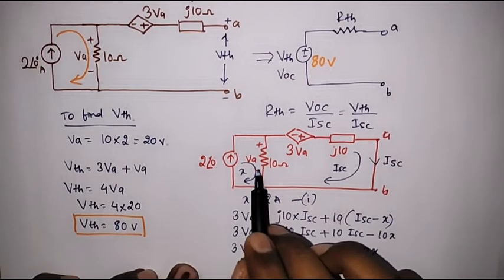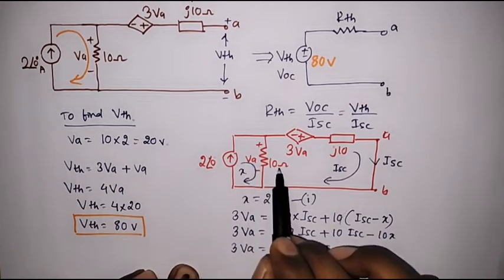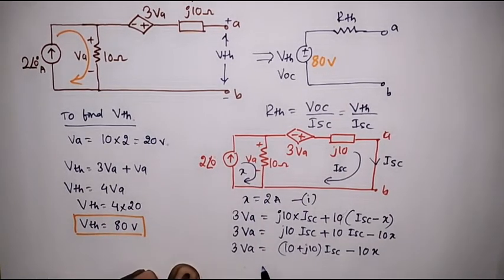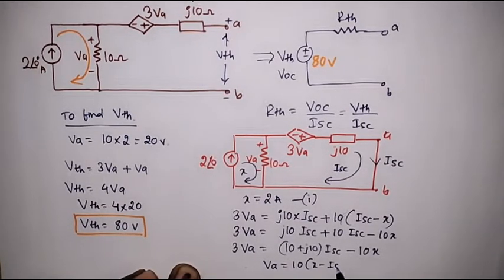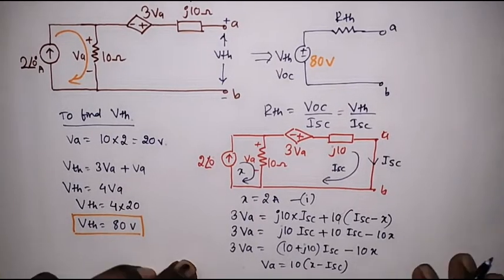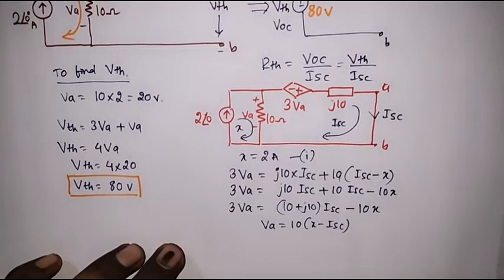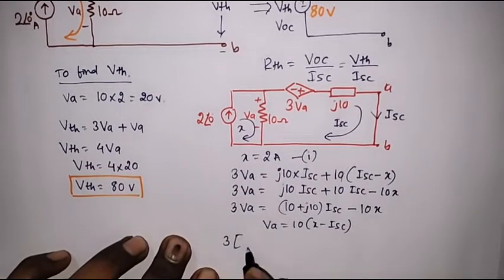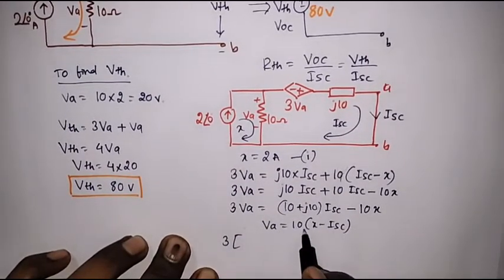Here we can observe that VA is the voltage across the 10 ohm resistor. Therefore VA is equal to 10 times X minus ISC. Now I'll substitute the value of VA in this equation. That is 3 in bracket, VA is nothing but 10X minus 10 ISC.